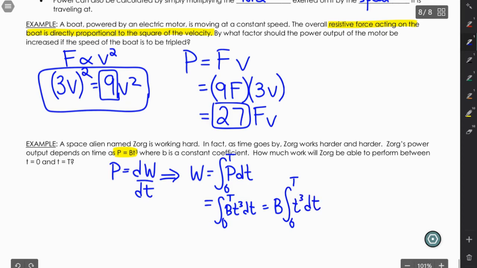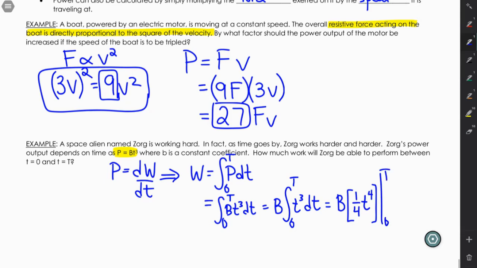Well, a cubic function, when taking the integral of a cubic, it becomes a quartic. So it's going to be 1/4 T to the 4th. We're going to evaluate that from 0 to T. Well, anytime you evaluate 0, this just becomes 0. So the work output of Zorg is going to be 1/4 B capital T to the 4th.